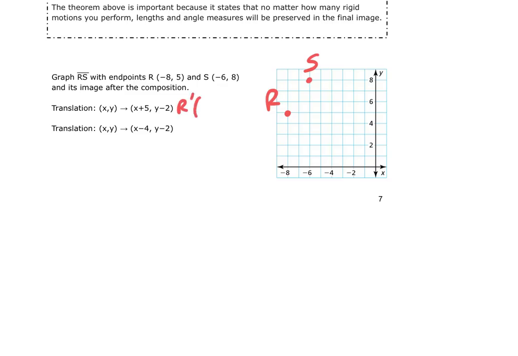Okay, first thing we're going to do is we're going to move it 5 to the right and 2 down. So if I move it 5 to the right, -8 plus 5 would be -3, and 2 down would be 3.